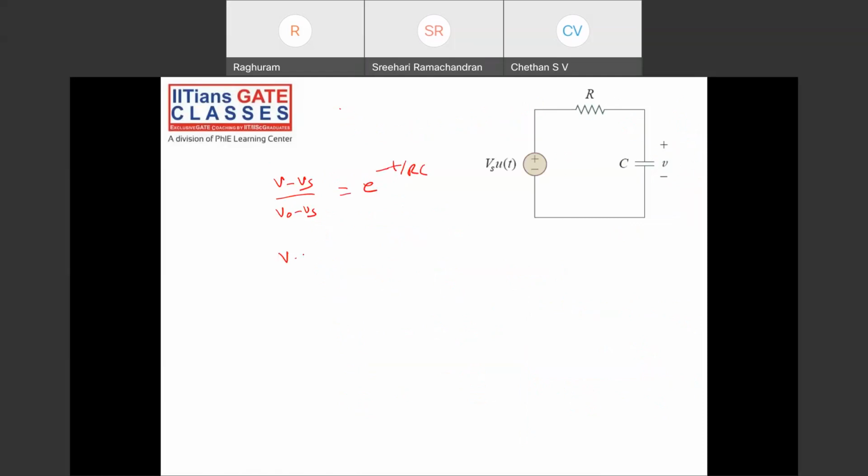So V minus Vs is equal to V naught minus Vs into e power minus t by RC, or V of t is equal to Vs plus V naught minus Vs e power minus t by tau.